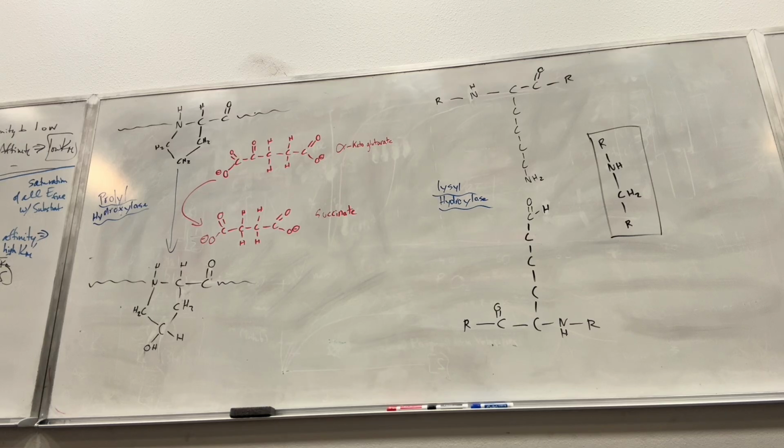How am I going to put these triple alpha helical units together? Through my lysyl hydroxylase reaction, which is going to bind two lysine residues of opposing triple alpha helical units together. We can say this one is part of one and this one's part of a different one. And it's like two long arms reaching out to each other.